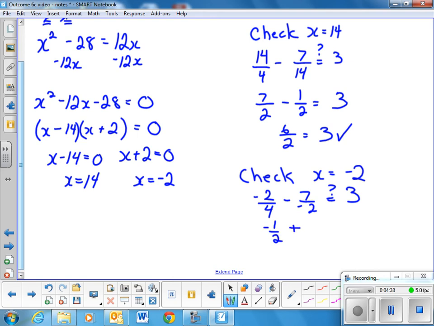Two negatives make a positive, so we end up with positive 7 over 2. Does that equal 3? Common denominator is already there, so negative 1 plus 7 is 6 over 2. Does that equal 3? Yes. So both solutions work. We write our answer in a solution set. Our answers are negative 2 and positive 14.